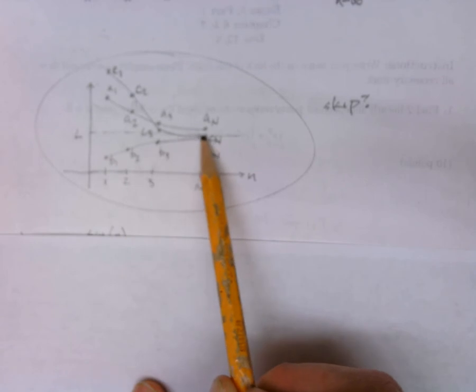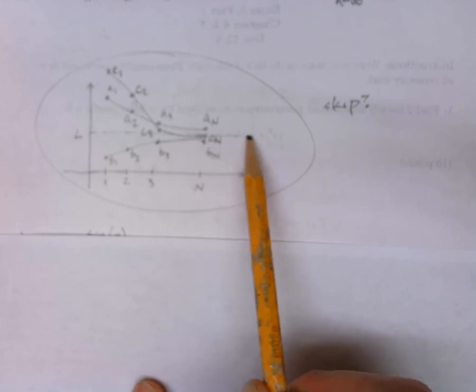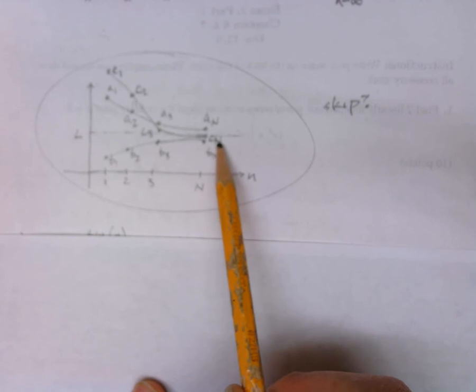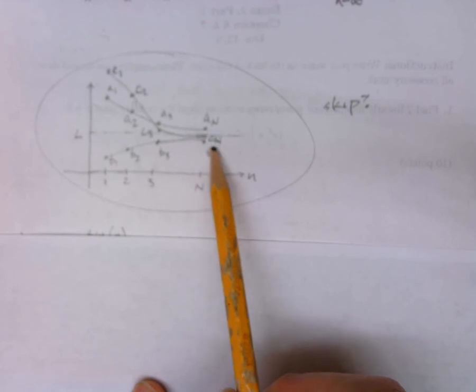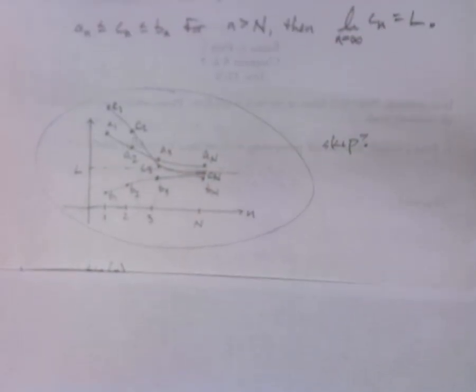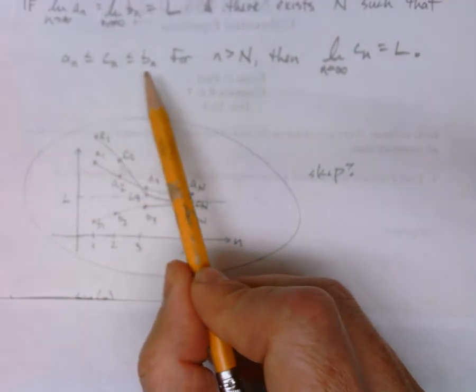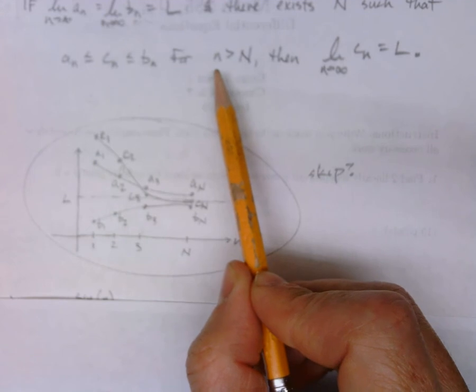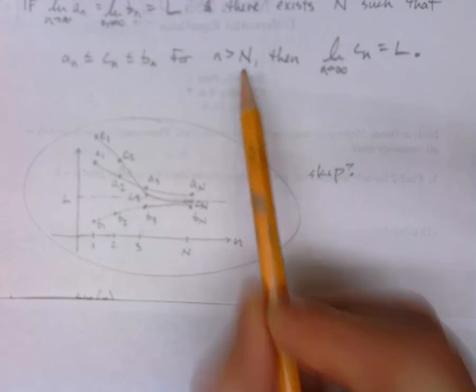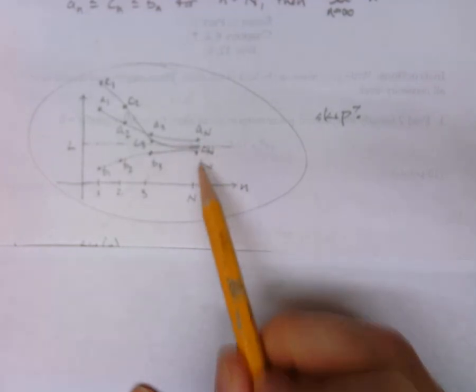And what we're saying is that from this point onwards, at a minimum, the C is captured between A and B. That's that statement right here: A sub n less than or equal to C less than or equal to B for n greater than capital N. So as soon as we hit capital N, now we know C is in between them.